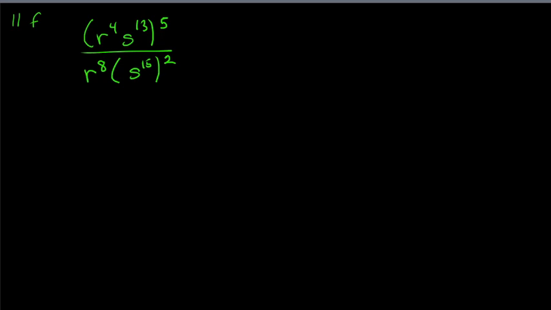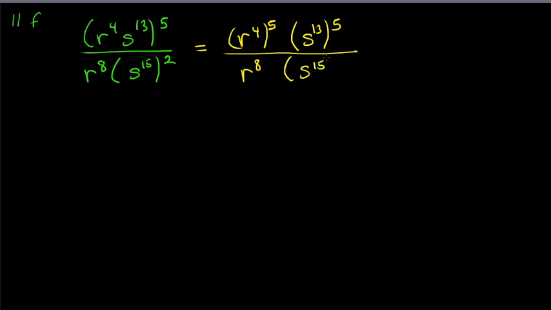Okay, r to the 4 times s to the 13, the whole thing to the power 5, divided by r to the 8 times s to the 15 squared. Well, first thing I would do in the numerator here is distribute the exponent of 5. So this is r to the 4 to the 5 times s to the 13 to the 5. For now, I'll leave the denominator alone.